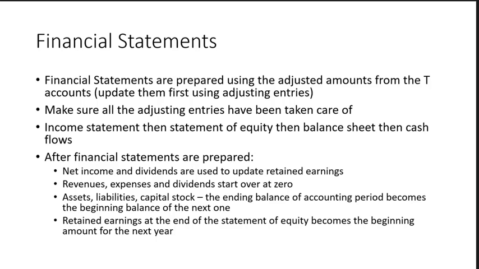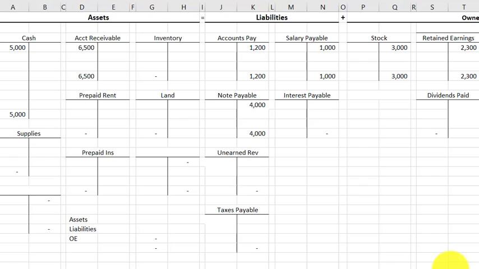All right? So, let's look at one of the problems from the end of the chapter exercises as an example. This is, like I showed you earlier, one way you could lay out your T accounts using the accounting equation across the top to keep everything organized.